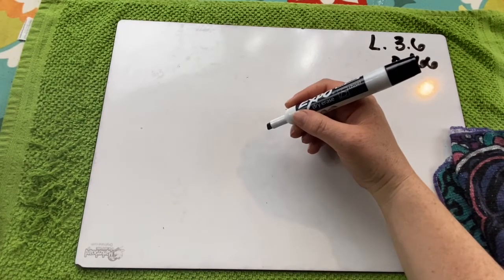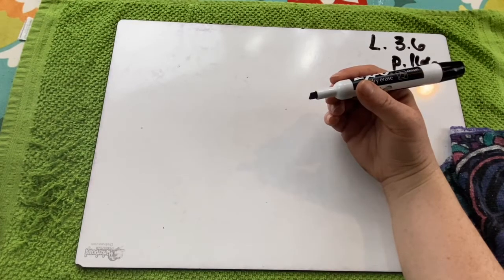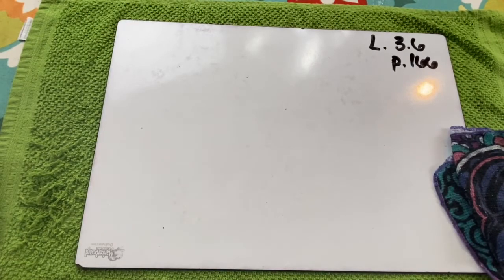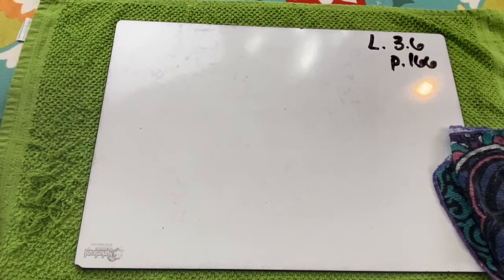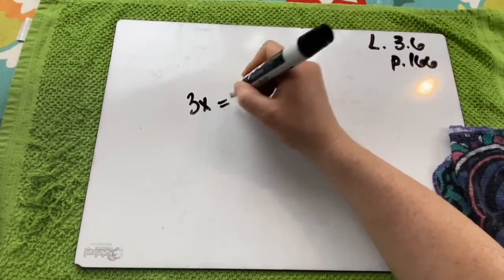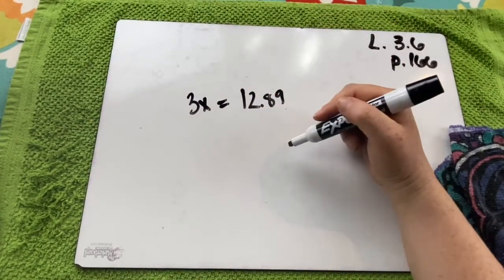Okay, so 3.6. I'm on page 166. Okay, solving decimal equations. So the most important thing about decimals is that you line it up. Use your calculator. Okay, you guys have one, use it. So they say 3x equals 12.89, right? 3 pizzas.